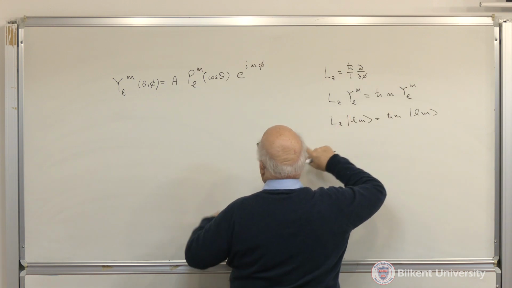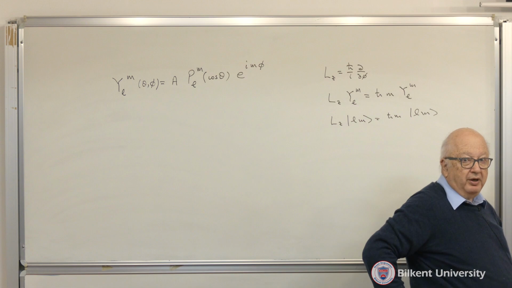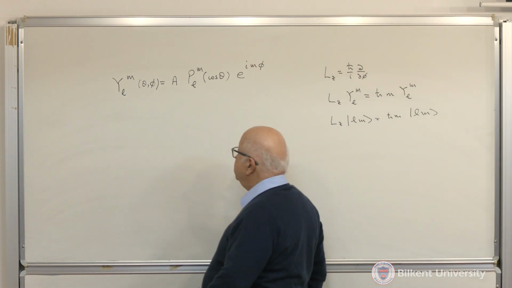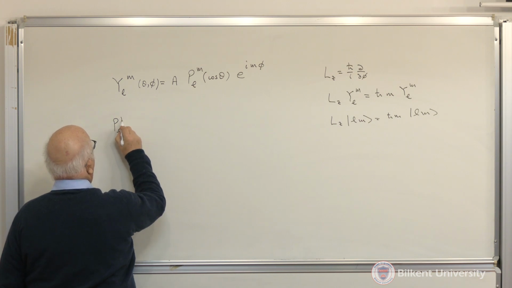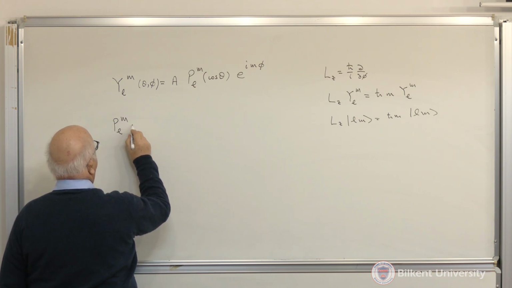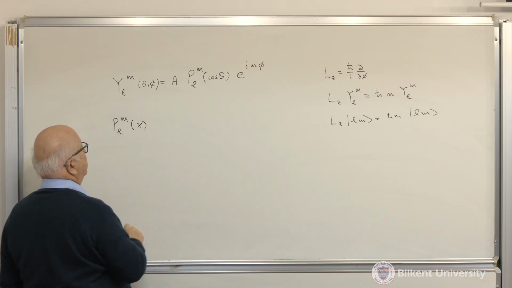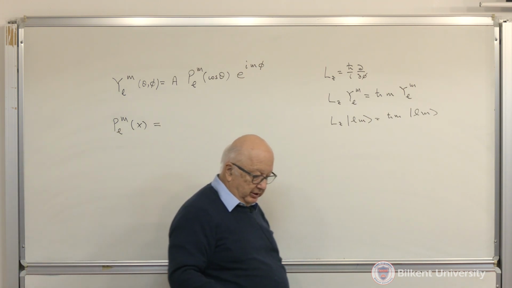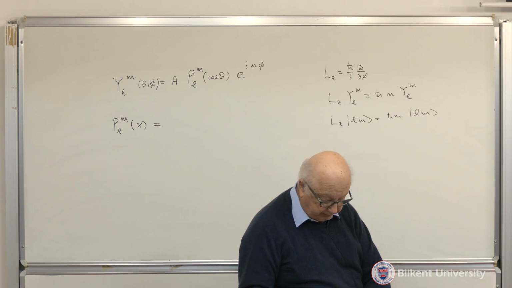So the phi part is easy, but the theta part involves a little bit more algebra to find out. These things, the P_lm's, form some sort of function. In place of cosine theta, if I write x, this is going to be something. Let me just check my notes so that I don't make mistakes.